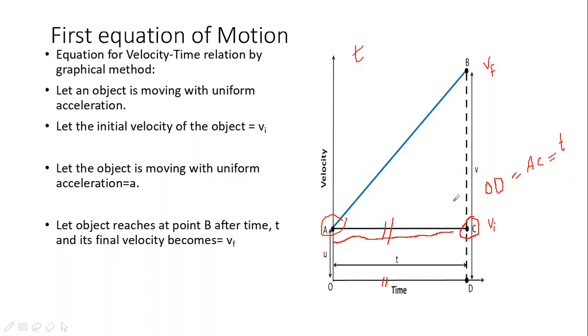Now, this line is called slope. This will give you the acceleration. So if a line is steep like this, you need more force to climb.